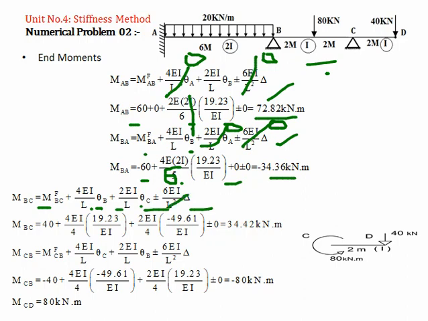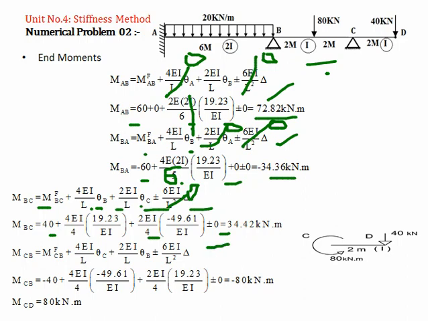Again the moment due to the delta is 0, no sinking, and MFBC is plus 40 plus 4 EI by 4. Put the value of theta B, 19.23 by EI, plus 2 EI by 4 into minus 49.61 by EI, which is equal to 34.42 kilonewton meter.